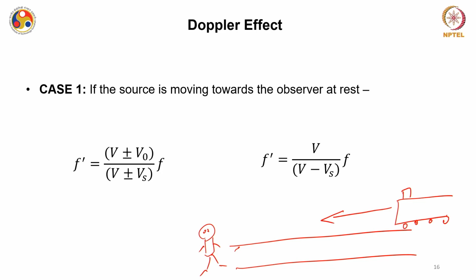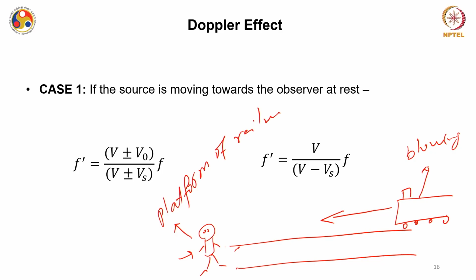In this case the observer is at rest, and of course this train is blowing some whistle and it is coming towards this person who is standing on a platform of a railway station, for example.